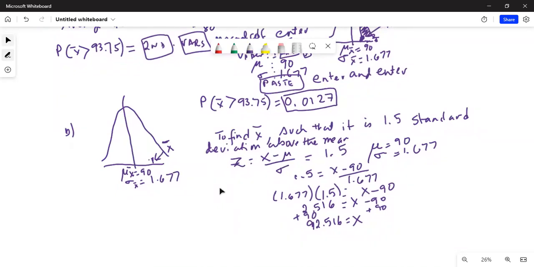So this is the mean of 80 numbers, which is 1.5 standard deviation above the mean.